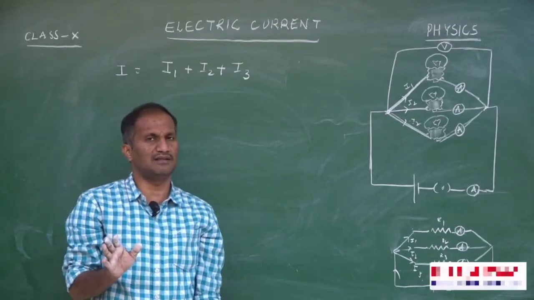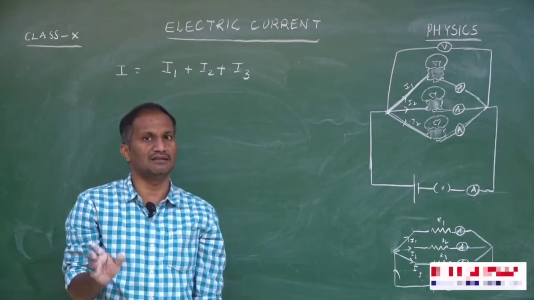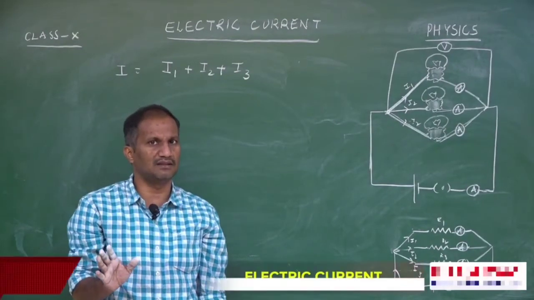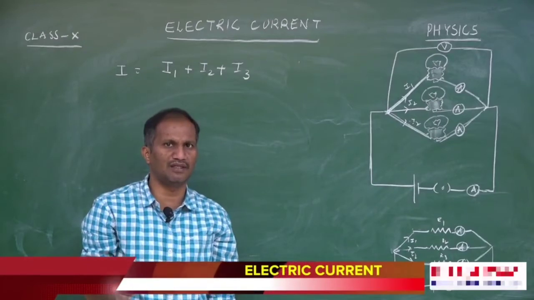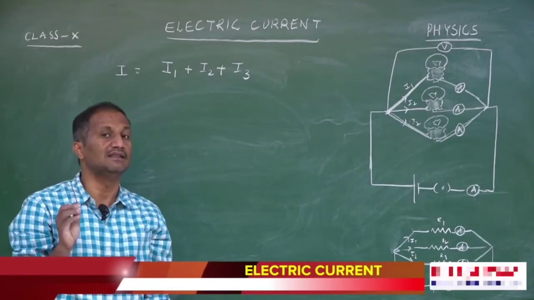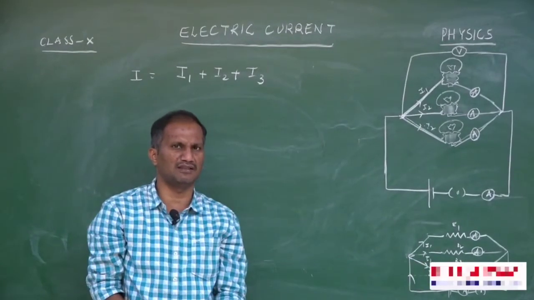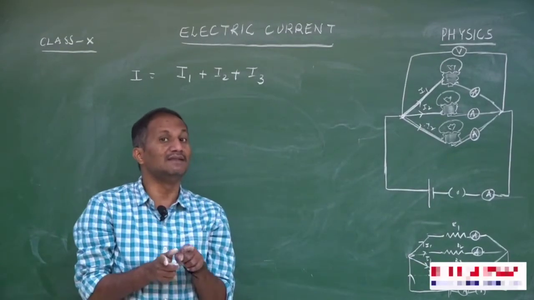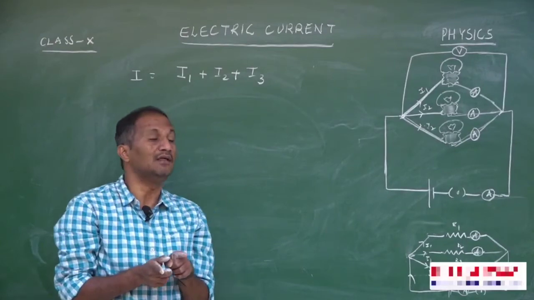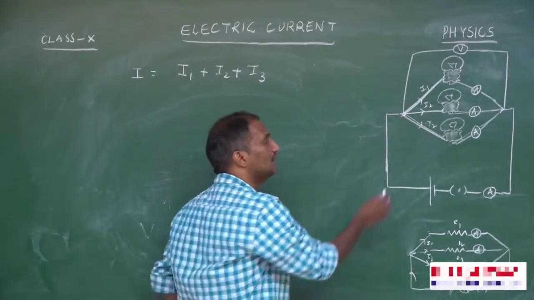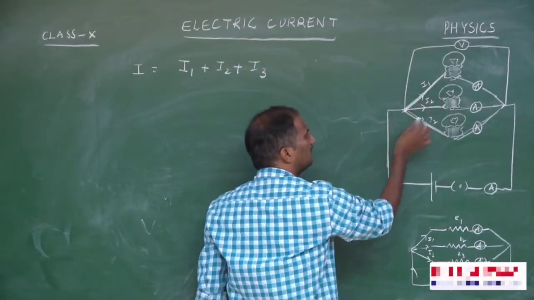So the potential difference across the three bulbs and at the terminals of the battery is the same. Here we concluded that in a parallel combination, the potential difference is the same. What is happening is that in a parallel combination, the total current is divided into different paths at the junction point, and it becomes I1, I2 and I3.